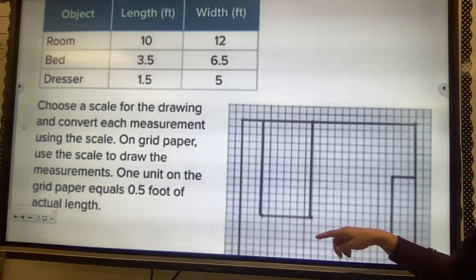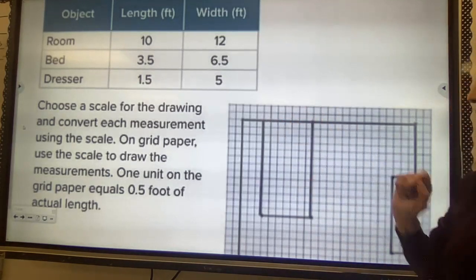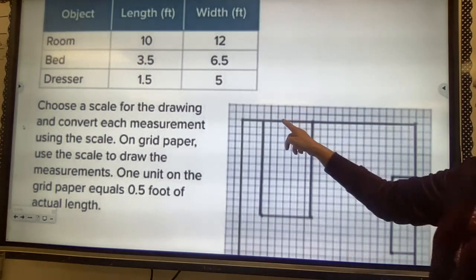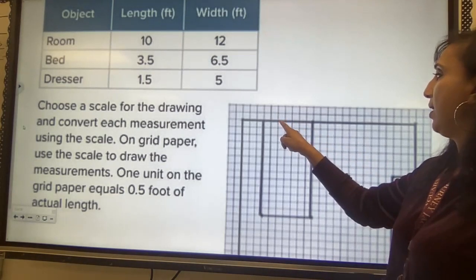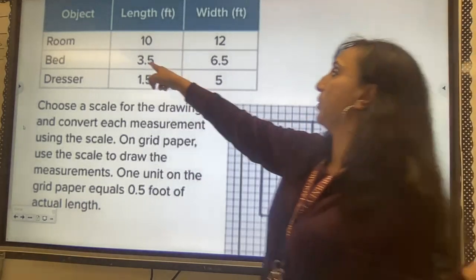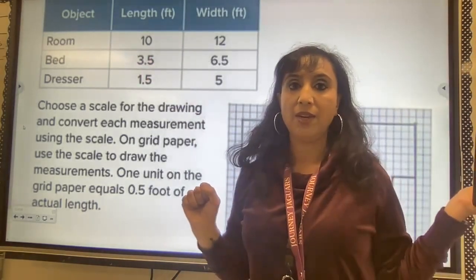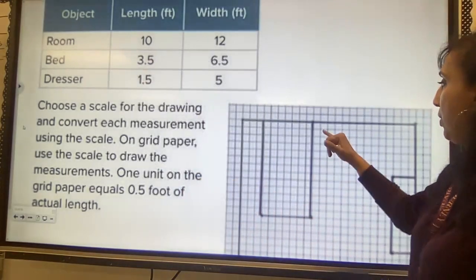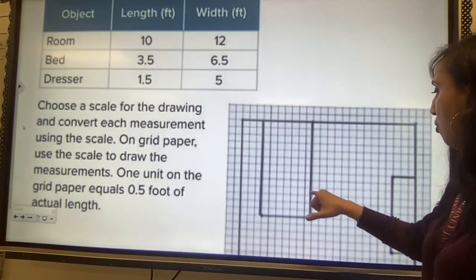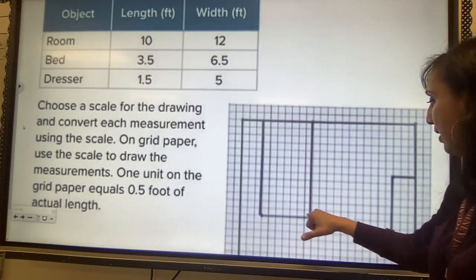And we can say 1 unit, so this 1 unit over here on the grid paper, equals 5/10 foot of actual length. Okay, so if 1 unit is 5/10, 2 units is going to be 1. And this is 2, and this is 3.5. So look, 3.5. Okay, and then we can do it this way. This is 5/10, 1, 2, 3, 4, 5, 6.5.